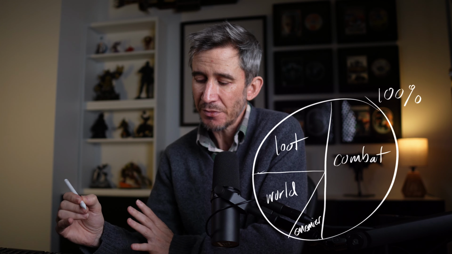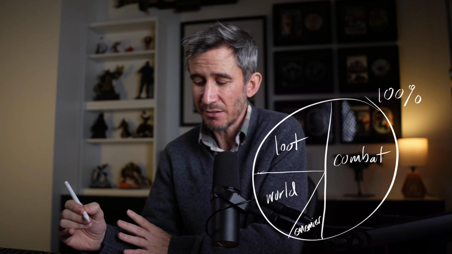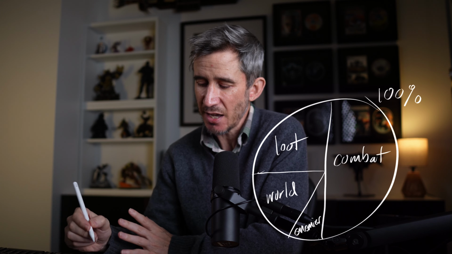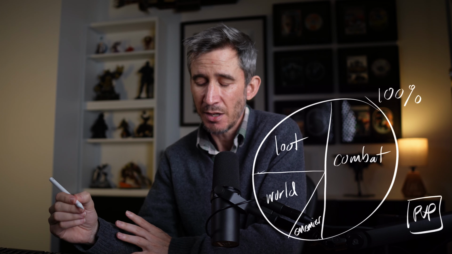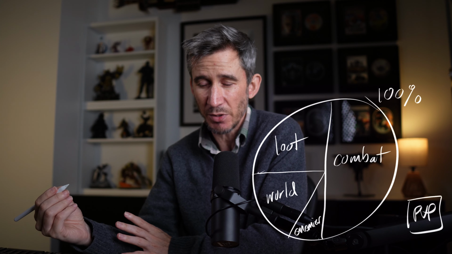Let's say we wanted to add PvP to our game. Well, this pie chart represents 100%. There's no room. You can't just add PvP over here and say, well, we'll get it done as well, because this represents how much time you have to make the game. It also represents all the features you're going to ship with the game.